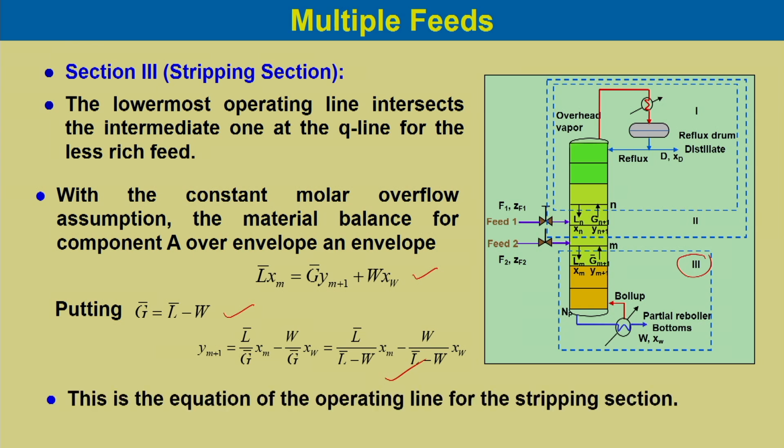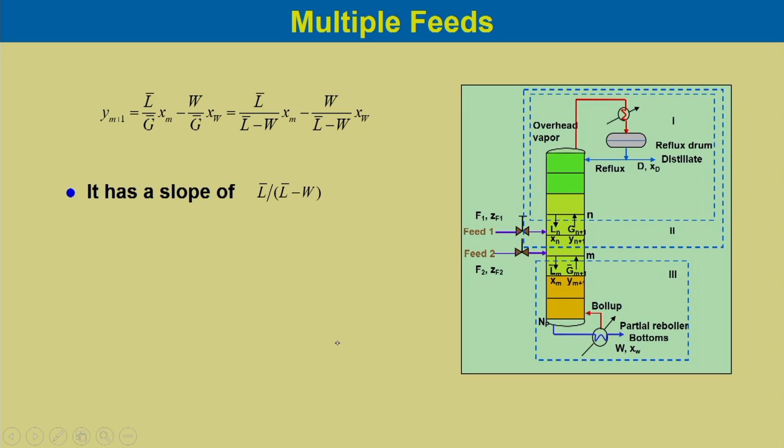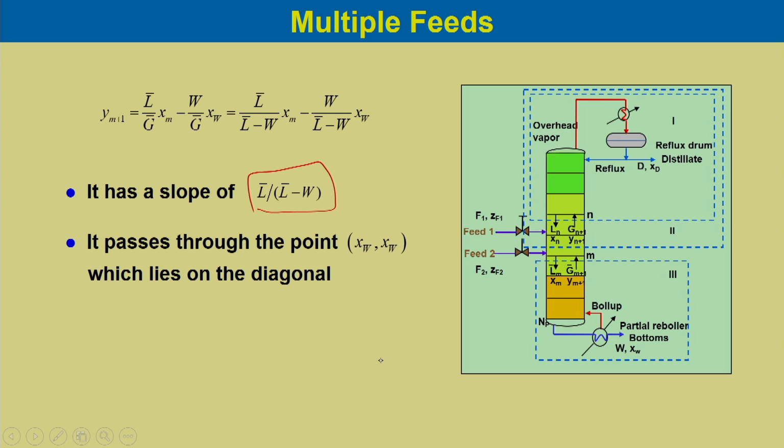Okay. So, this is the equation of the operating line for the stripping section. It has a slope of L bar by L bar minus W, and it passes through the point x w, which lies on the diagonal.